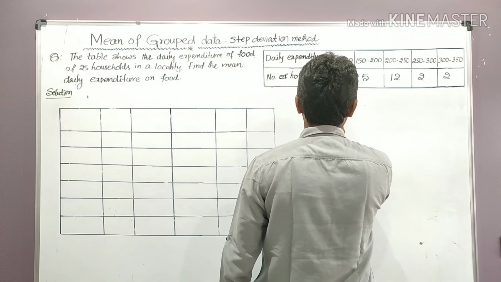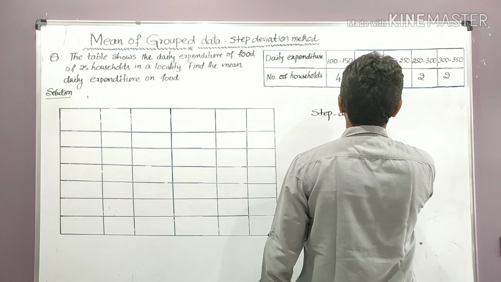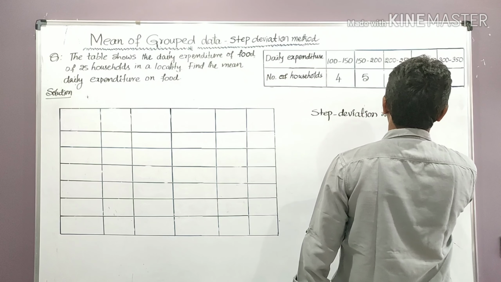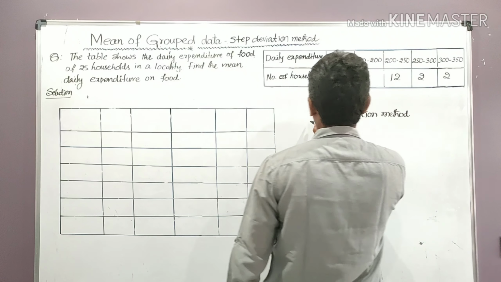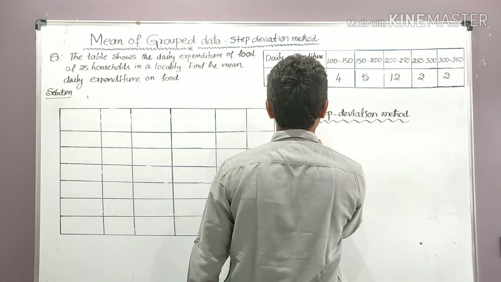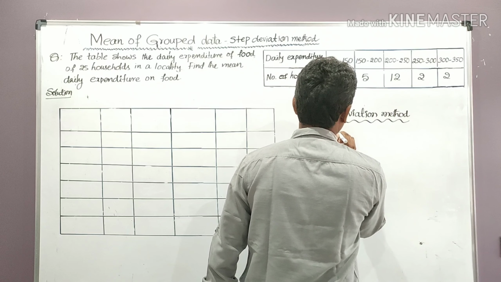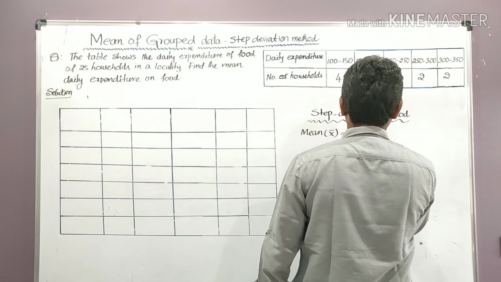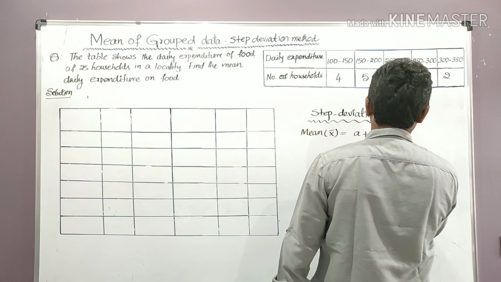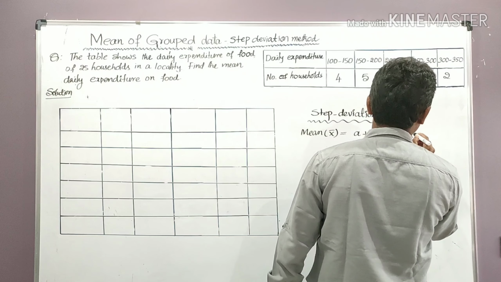We use this formula to find the mean using the step deviation method. So we use this formula to find the mean of grouped data in the step deviation method. Mean x bar is equal to a plus sigma fi into ui divided by sigma fi into h.